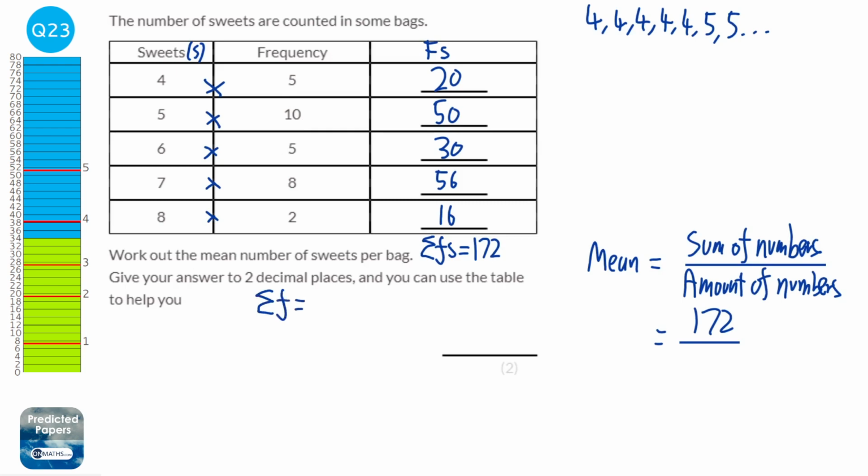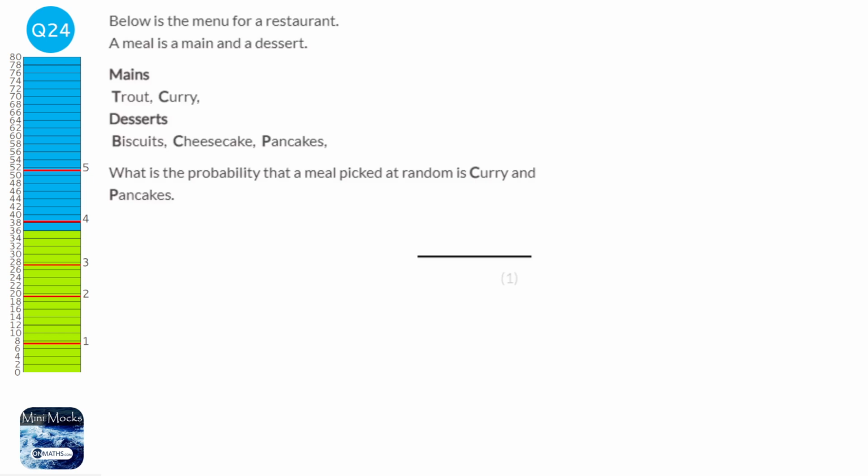We do 5 plus 10 plus 5 plus 8 plus 2, which is 30. So all we need to do to work out the mean is 172 divided by 30, which is going to be 5.733 and so on. It wants it to 2 decimal places, so we're just going to round that to 5.73.